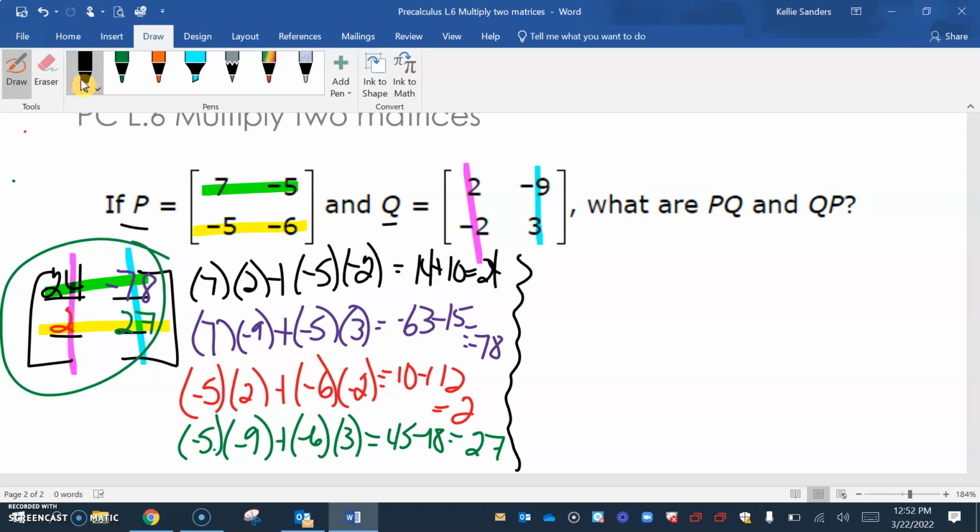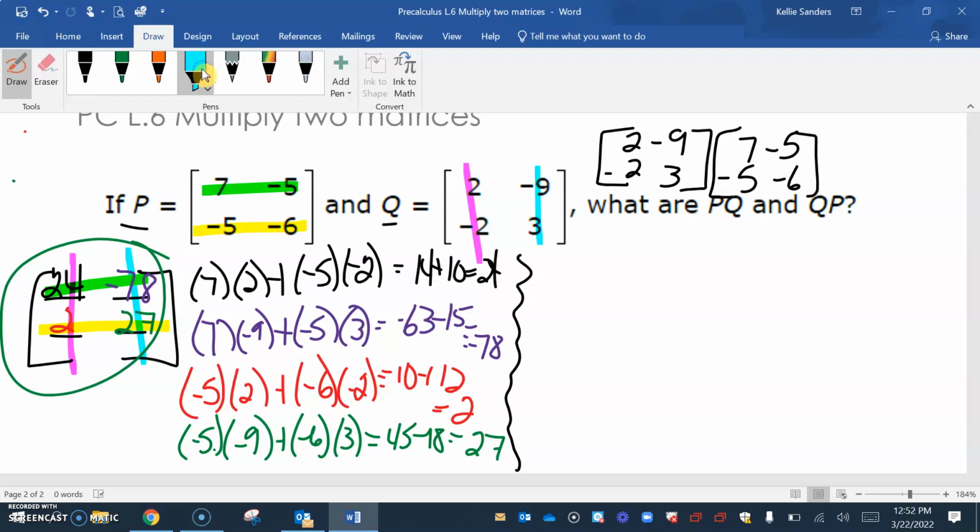And what you need to do is write your Q matrix first, and then your P matrix second. And again, we're going to get a 2 by 2 because all of these are 2 by 2s.